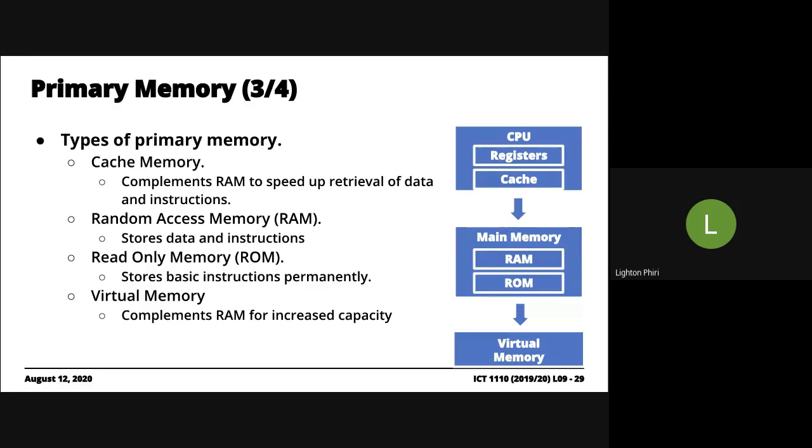Because the CPU needs to fetch the instructions from main memory, one way of avoiding the latency that exists when the CPU needs to make a round trip to fetch instructions from main memory is to cache, or temporarily store, program instructions and data that are frequently accessed on the CPU chip itself. So this is why you have CPU cache.